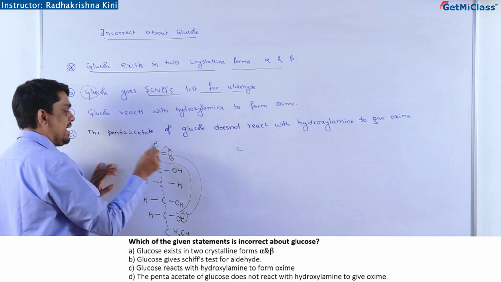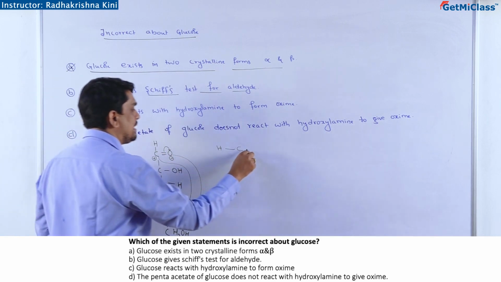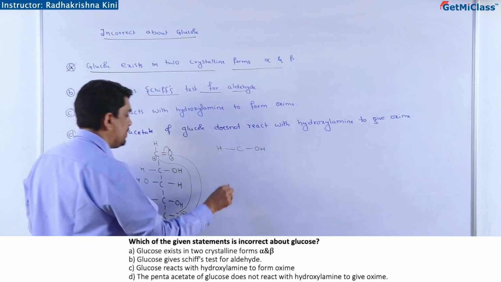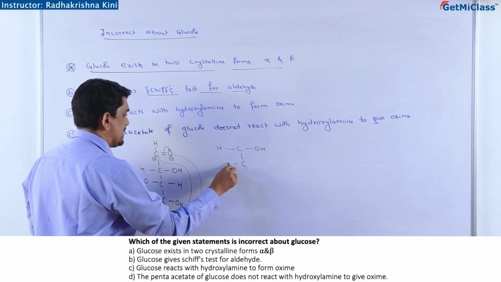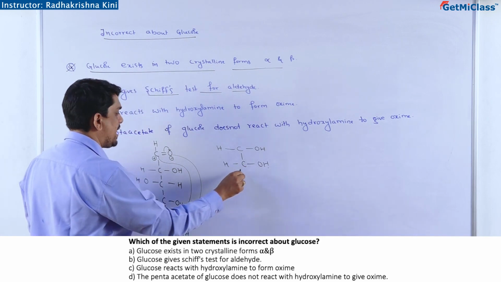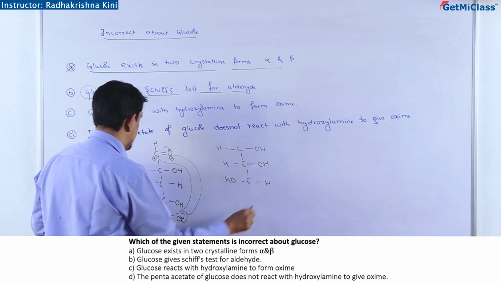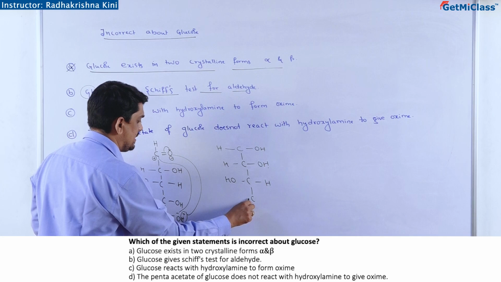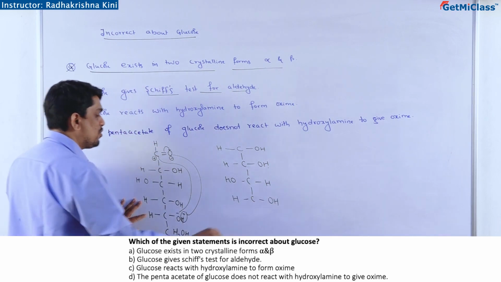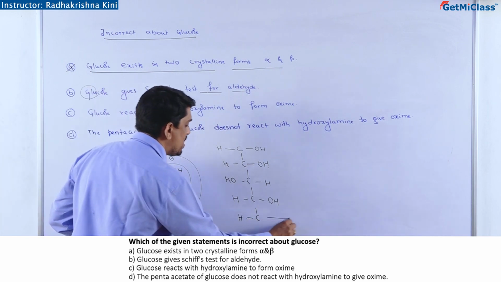C already has H with it, the double bond becomes single, O minus H plus become an OH, neutral. Second you write as it is, third you write as it is, fourth you write as it is, fifth you write H on the left, O on the right.